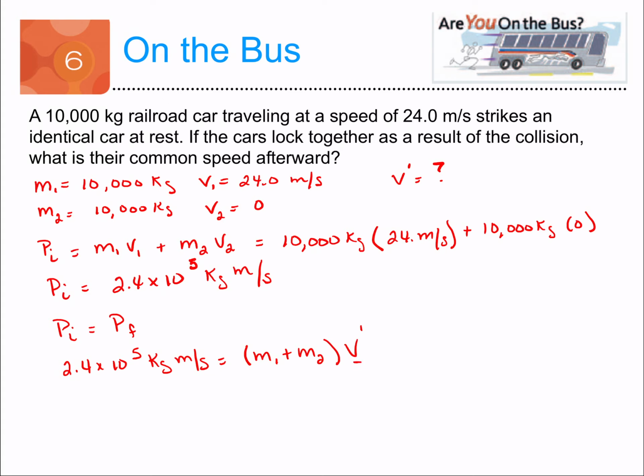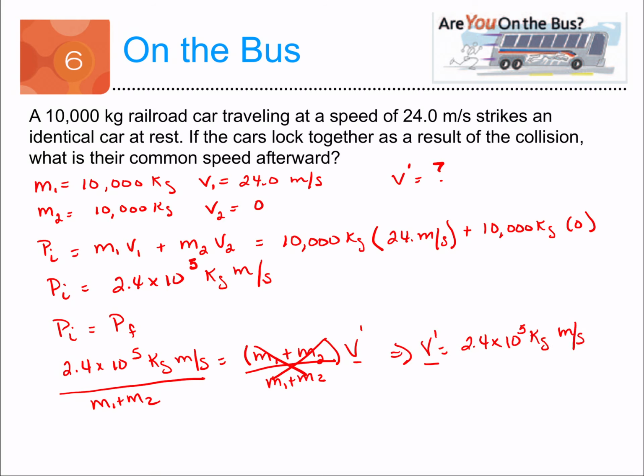We divide both sides by m1 plus m2, and that gives us v prime. So v prime equals 2.4 times 10 to the 5th kilogram meters per second divided by 10,000 kilograms plus 10,000 kilograms. So v prime is 12 meters per second.